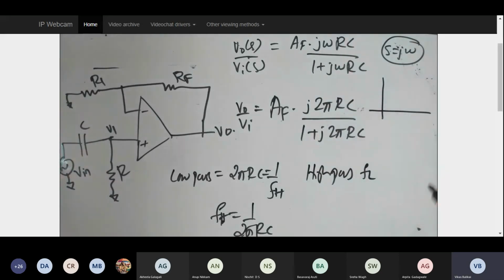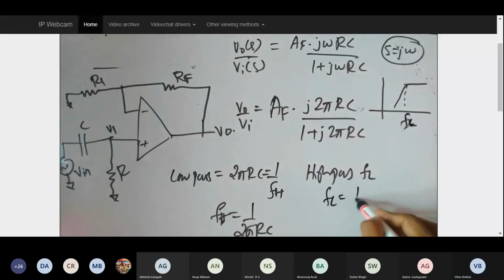My graph will look something like this. It is going to cut all the frequencies which are less than this FL. So that's why I'm going to represent this cutoff frequency as FL, not FH. So the entire thing is going to remain the same. Rather than FH, it will be FL. So FL will be 1 by 2 pi RC.